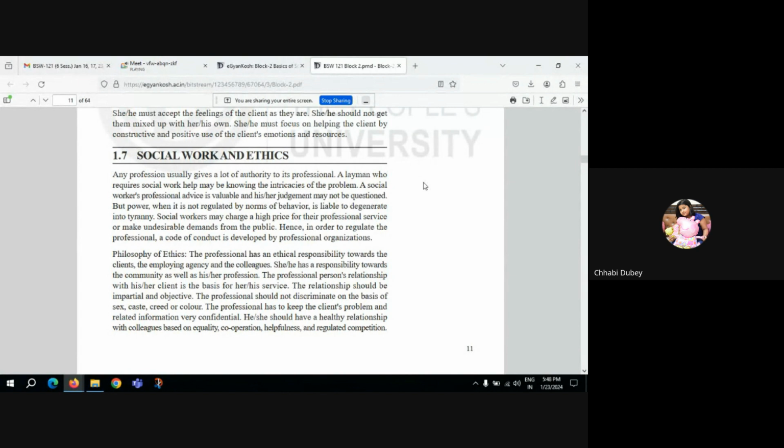But many times social workers may charge a high price for their professional services or make certain undesirable demands from the public. Hence, in order to regulate the professional, a code of conduct is developed by the professional organization. This code of conduct has been developed from the kind of ethics that a professional social worker is supposed to follow.